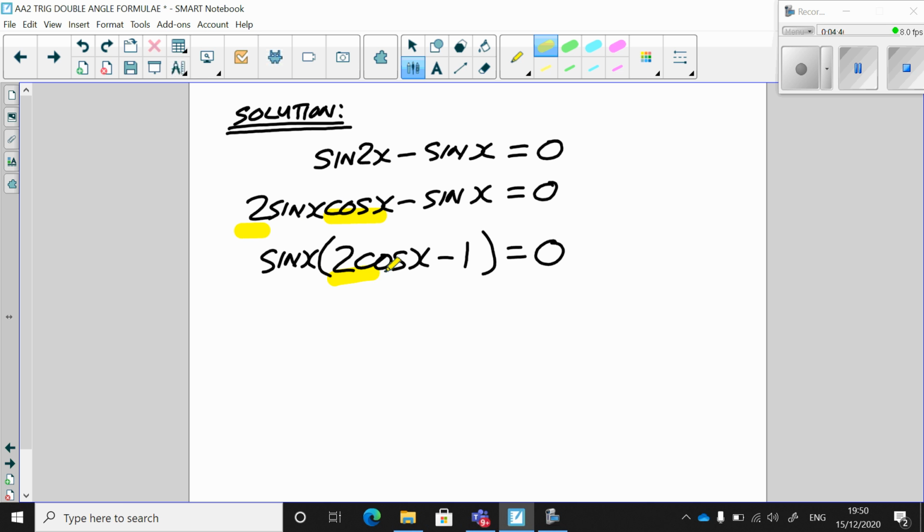But you're thinking to yourself, where does the minus 1 come from? Well, there's one lot of sine x there, so you've only got a 1 there. So that's where that comes from.